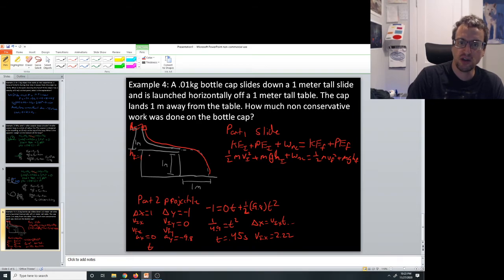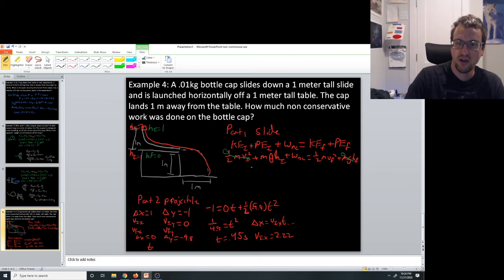So I'm going to undo that, and make height initial 1 and height final 0. That makes my life slightly easier because height final is 0 here. And this is 0 too, and this is 0.